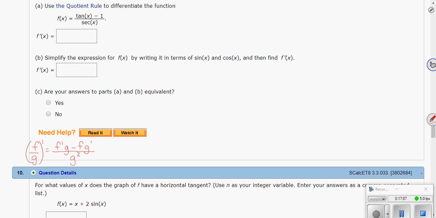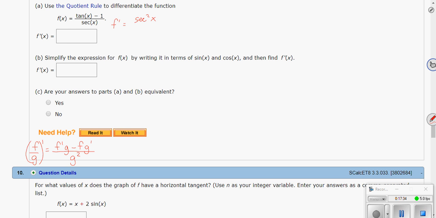Okay, so the derivative of tan x is secant squared x. So f prime here is secant squared x.